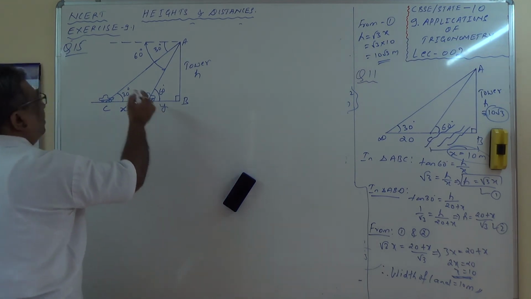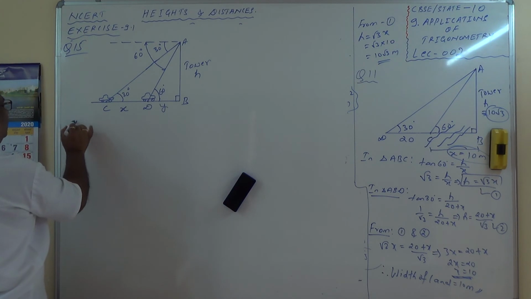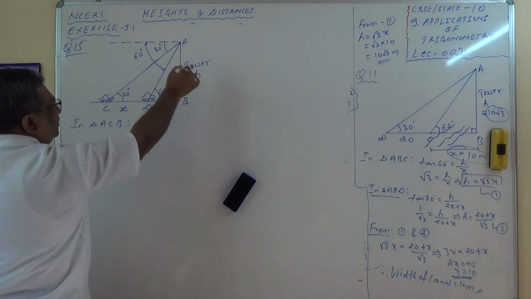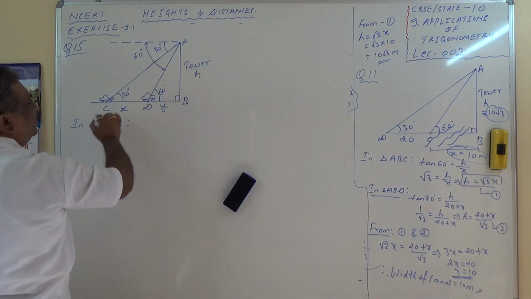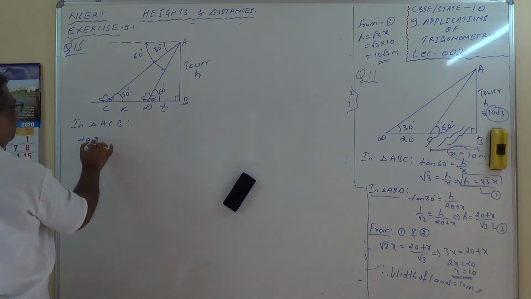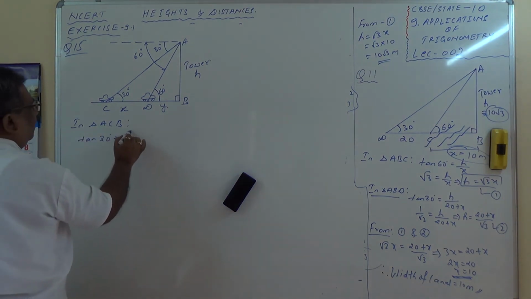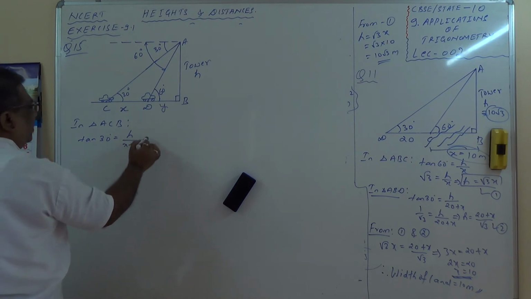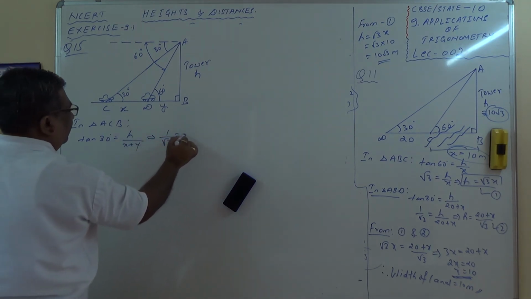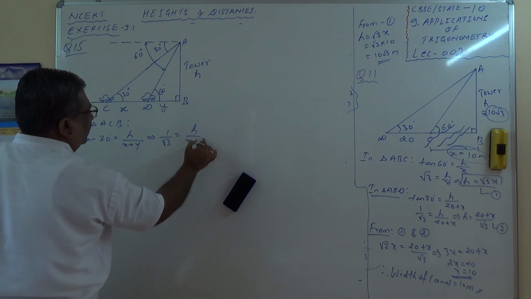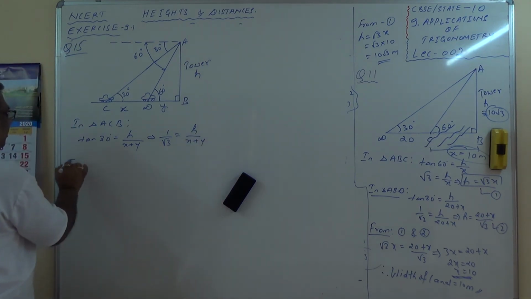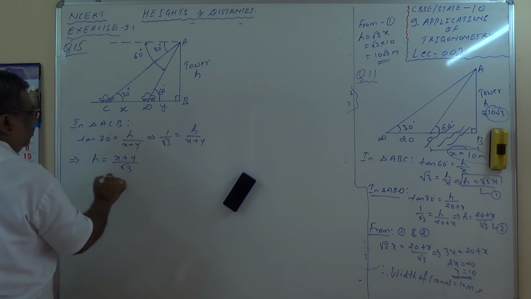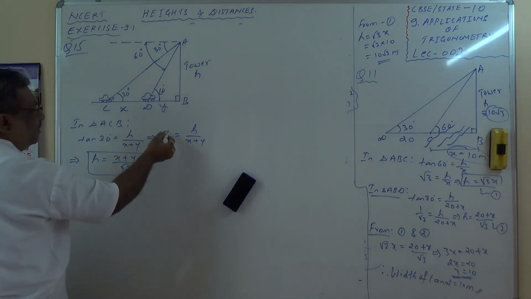Now let us see here, in triangle ACB, let h be the height of the tower. In triangle ACB, tan 30 equals h by x plus y, which implies 1 by root 3 equals h by (x plus y), which implies h equals (x plus y) by root 3.